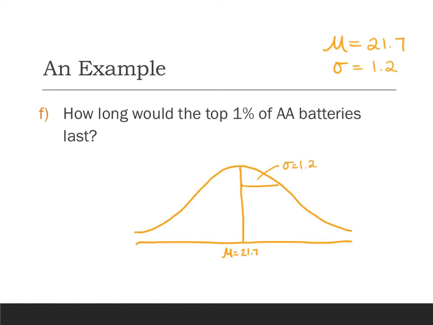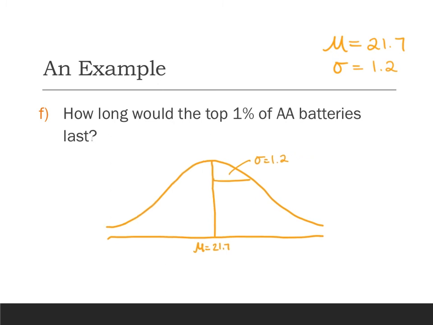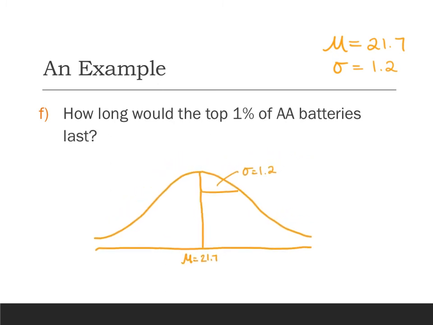Well, let's go ahead and draw our curve again. Get used to that. And then we're going to mark. If I want the top 1%, remember, this is below average and this is above average.